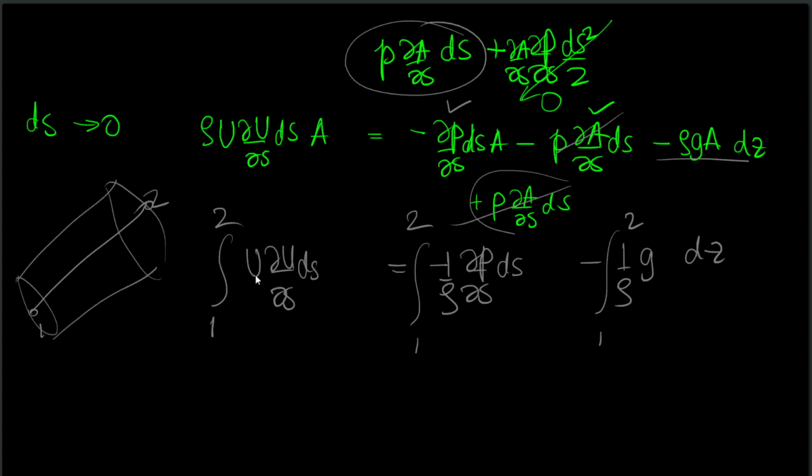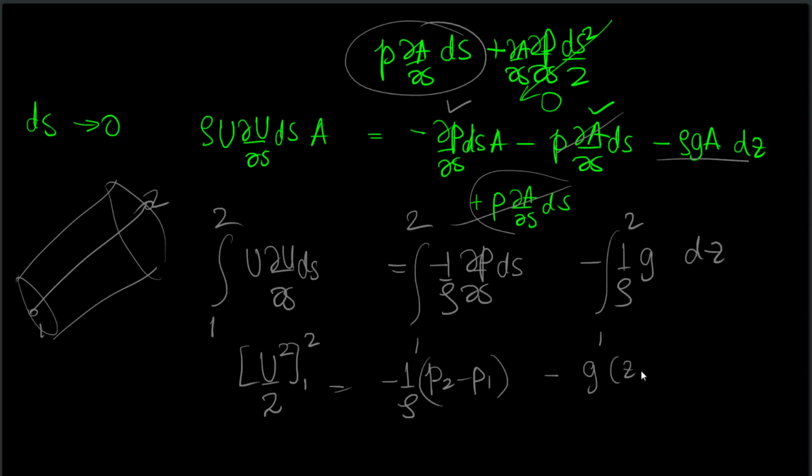So this will be u square upon 2. This will be minus 1 upon rho. So the u square upon 2 going from 1 to 2. This will be p2 minus p1. This will be g z2 minus z1.